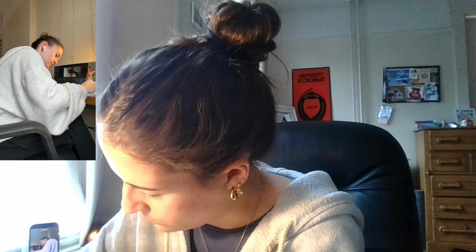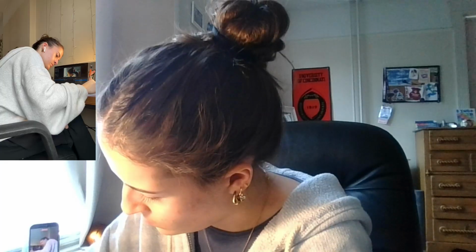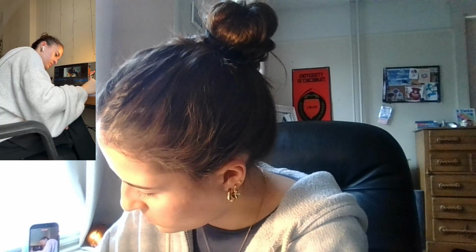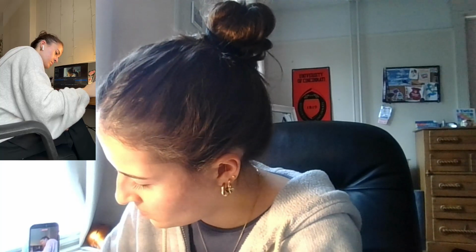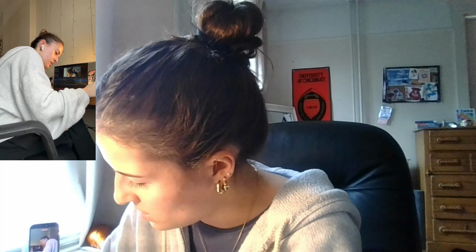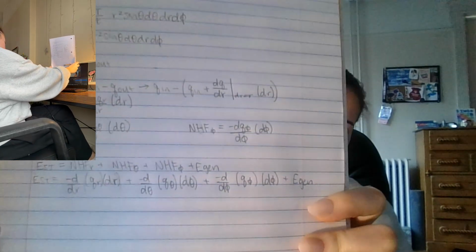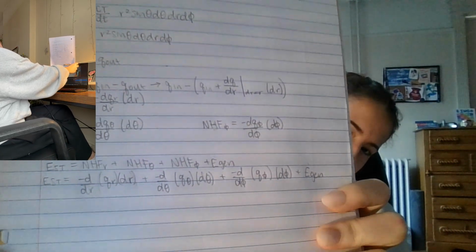Plus negative d over d phi. Plus E_gen. So I've just plugged in each of our terms right now for the net heat flow.